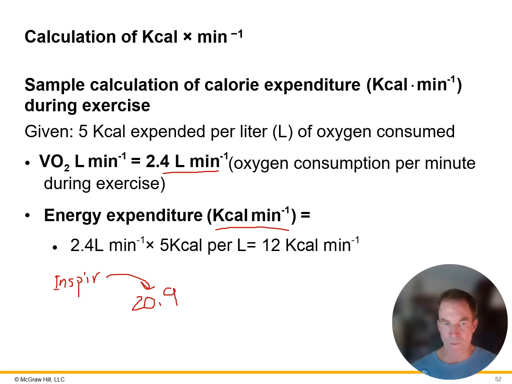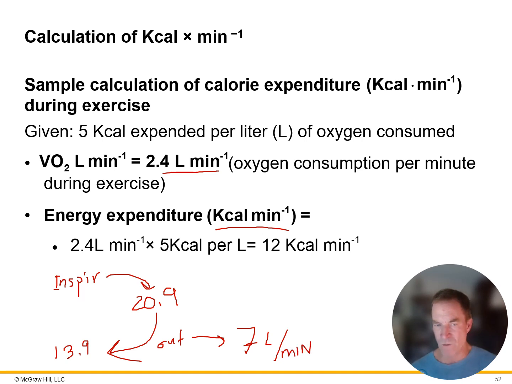And then we measure what they're breathing out, and say it went down to 13.9. We'll just do this for easier numbers. We know that they consumed 7, in whatever the units are, in this case it could be liters per minute. We know what's incoming, but we measure what's outgoing, and then we take that difference to figure out what was consumed by the body.